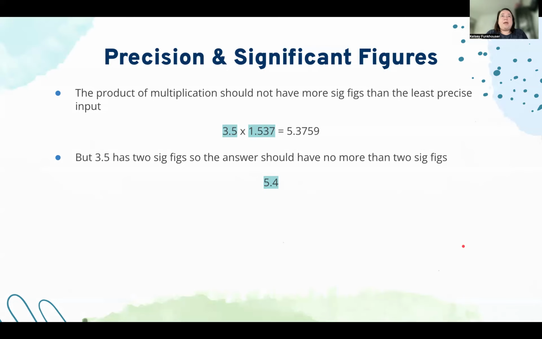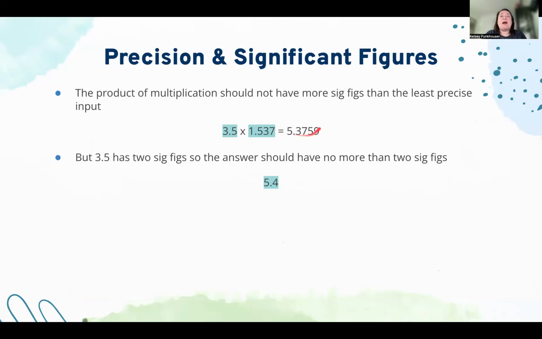And this is true when there is a difference in significant figures between the two values you're multiplying by each other. So we have 3.5 that has two significant figures, and we're then multiplying it by 1.537, which has four significant figures.